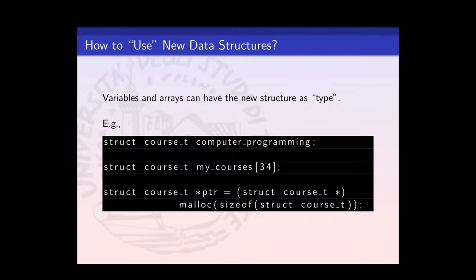You can define arrays of course_t. Again, this can be done in the usual way. To define an array of a given data type, you have to write the name of the data type, the name of the array, and in the square brackets, the number of cells in the array. And here we are doing exactly the same thing on the second line. So we are providing the name of the data type, which is struct course, the name of the array we are declaring, which is my_courses, and the number of cells in the array, which is 34.